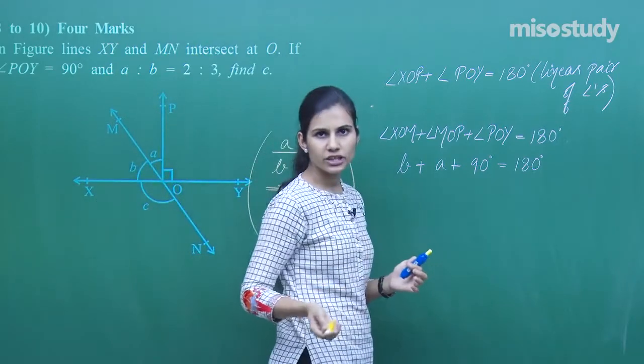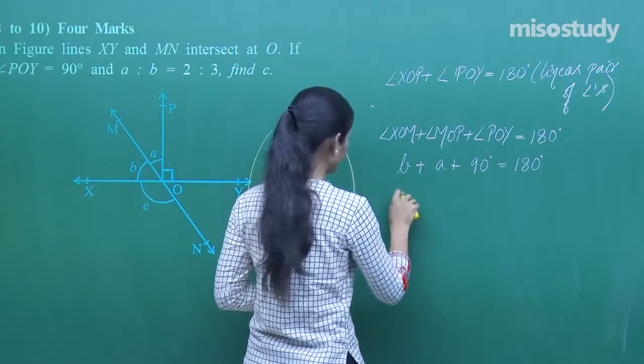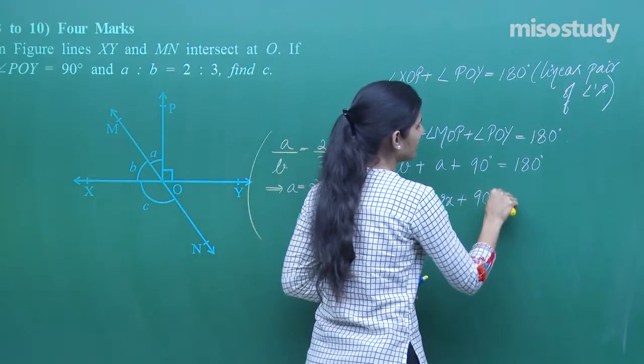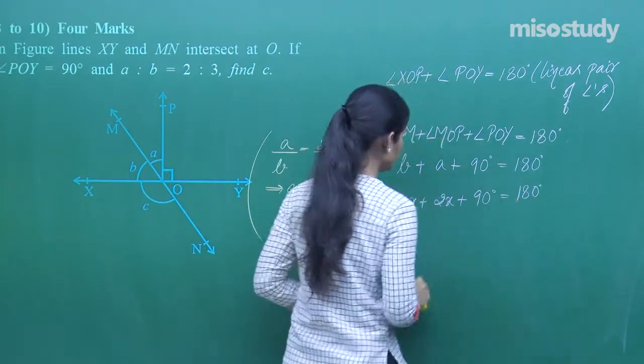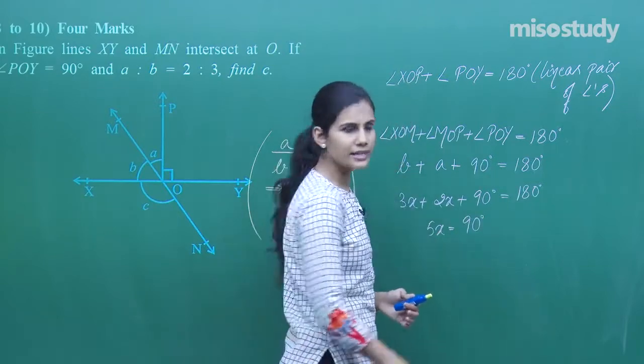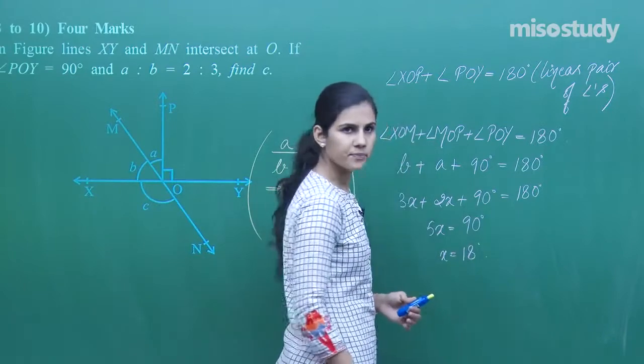That's what we do in ratios and proportion. We have studied this. So A is 2x and B is 3x. So you have 3x plus 2x plus 90 is 180. So this gives you 5x is equal to 180 minus 90, which is 90. So x is 18 degrees.